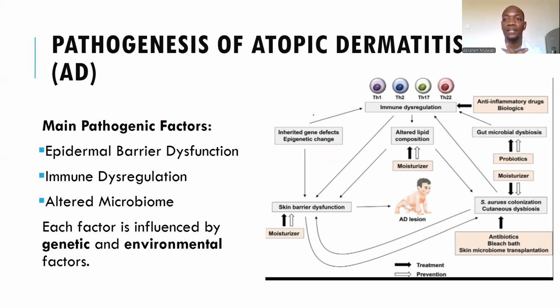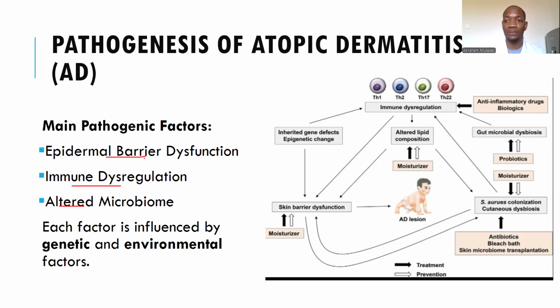So as you're describing the pathogenesis, you should remember to mention all these interconnected pathways. So you have your genetics, you have the environment, you have the individual's immune system, the changes in the skin microbiota, and then the dermal barrier dysregulation or dysfunction. So those are the factors that we consider. Every time you try to describe how it comes about, please remember all that.